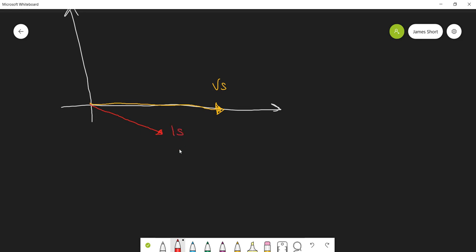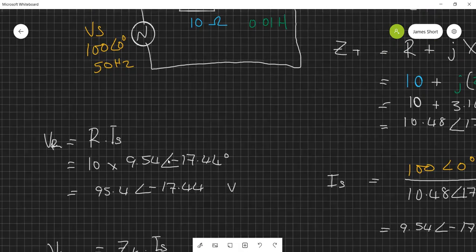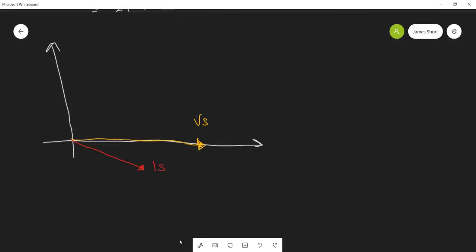So that's IS, and that's also in phase with the voltage of the resistor. What colour did I do the resistor? Blue. So we'll say that's in phase. That's VR.